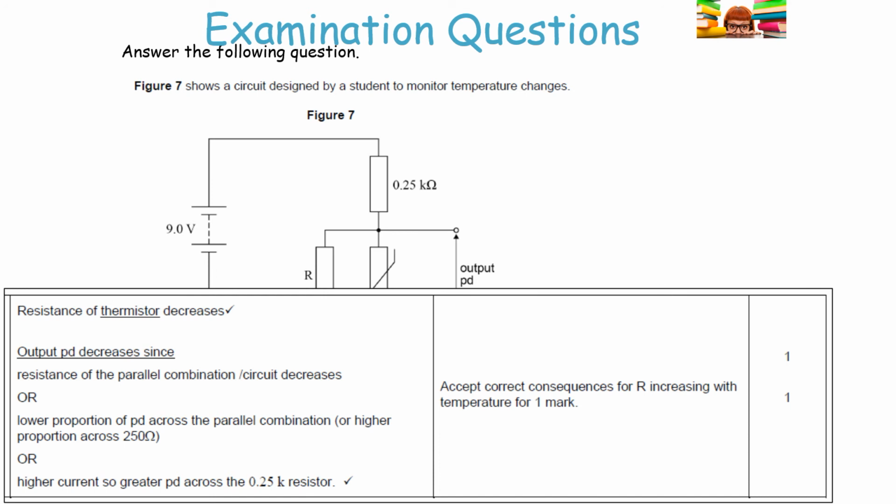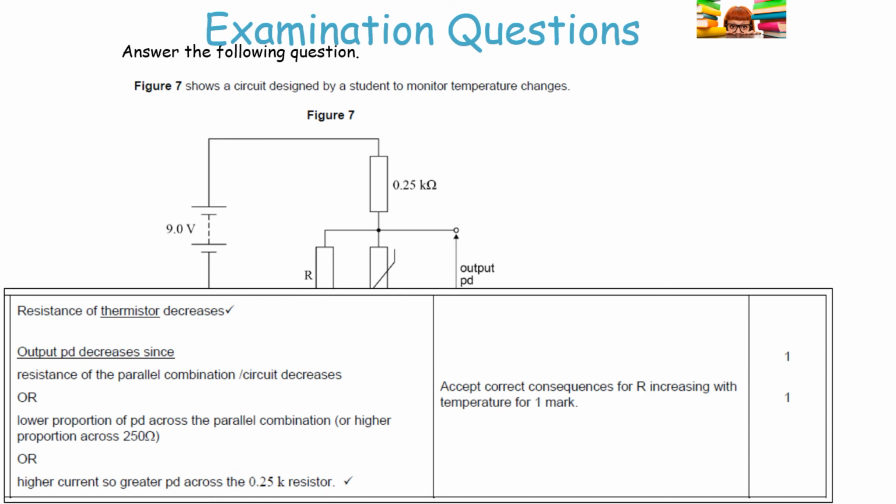Because the resistance has gone down, because the temperature has gone up, the resistance of the parallel combination will go down, and because V is directly proportional to R, that's an important circuit law you've got to know, if R goes down because the thermistor's resistance goes down, then V is going to go down in total, so therefore the output PD decreases.